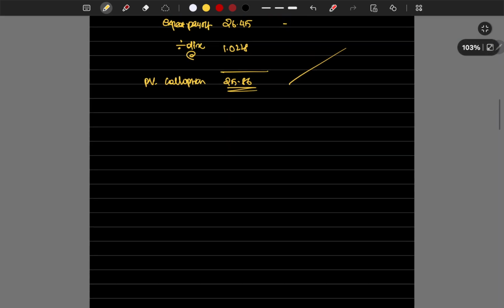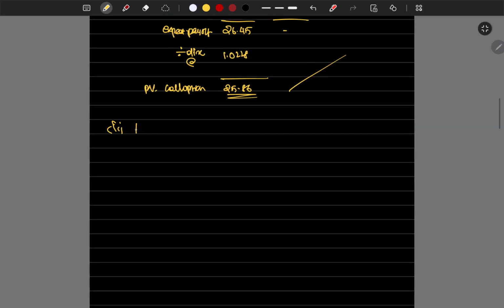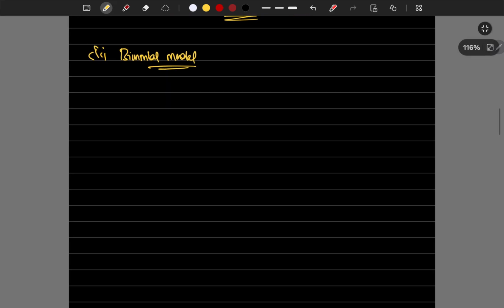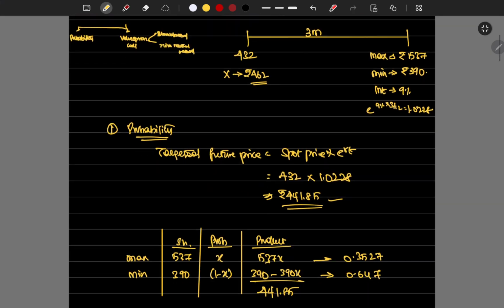Now we'll find the same with the binomial model. What's the binomial model? At T0 the spot price is rupees 432.